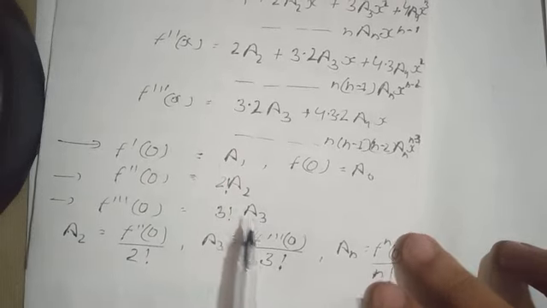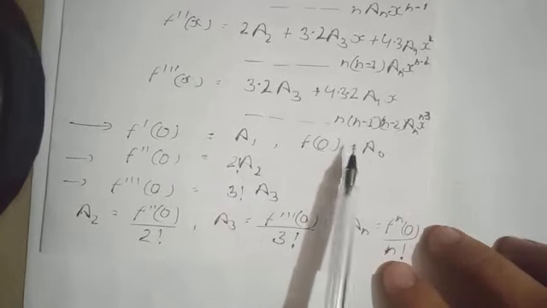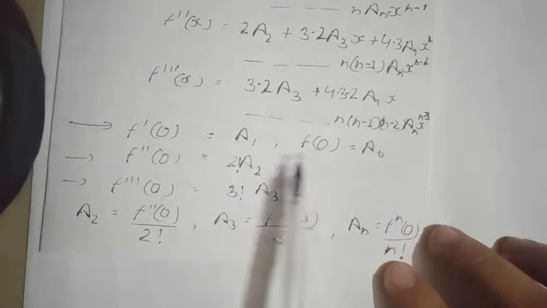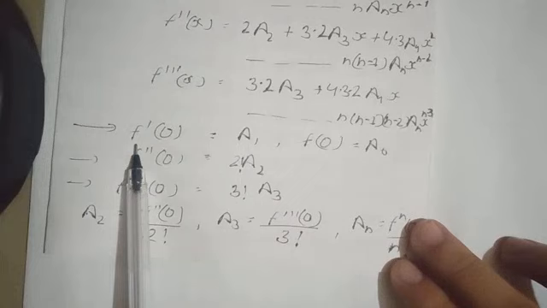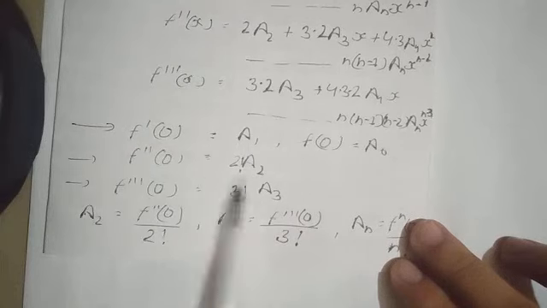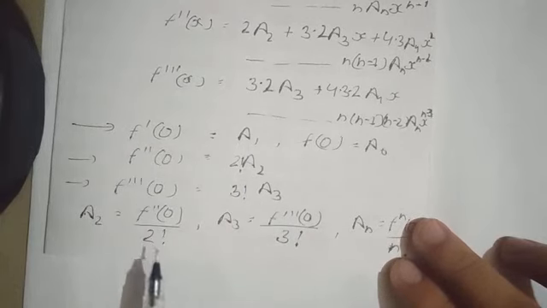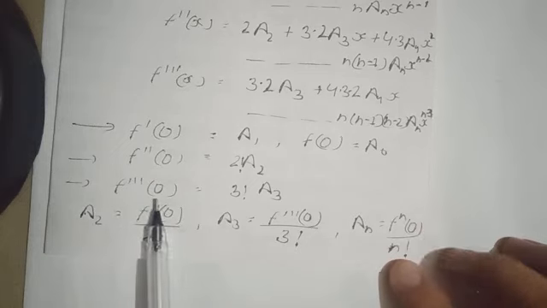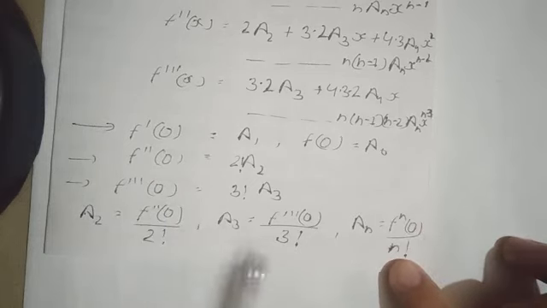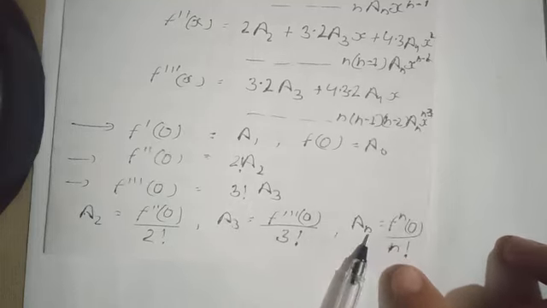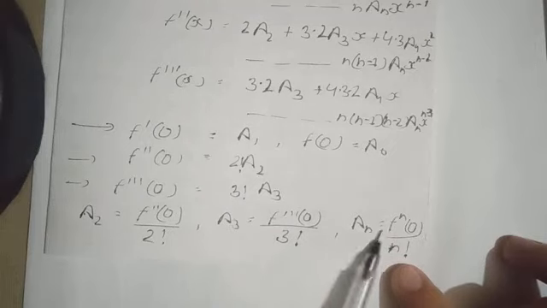Obtaining the values of constants, the value of a0 is f(0), a1 is f dash 0, a2 is f double dash 0 by 2 factorial, a3 is f triple dash 0 by 3 factorial, and a_n is f^n(0) by n factorial.